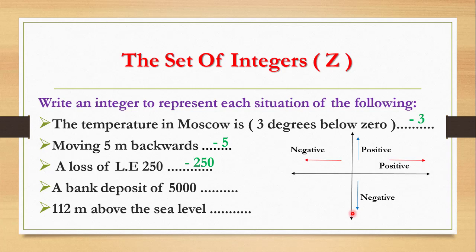A bank deposit means adding money to your account in the bank, so positive numbers. Positive 5,000, or 5,000 without any sign, means positive 5,000. So positive numbers can be written without any sign, but for negative numbers you should put the negative sign. 112 meters above sea level, positive 112.